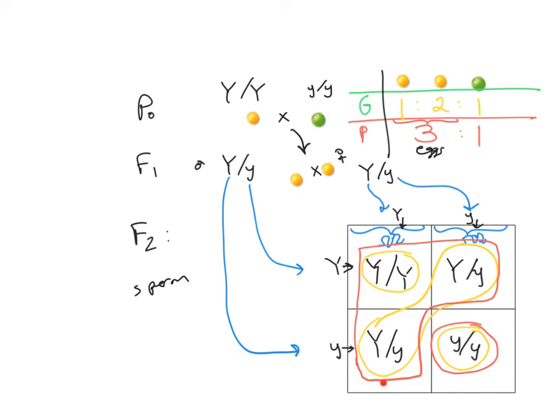So 75%, 3/4 of F2 individuals should have the F1 phenotype, and 1/4 should have the parental phenotype. And it's really interesting to geneticists when this Mendelian segregation or inheritance pattern doesn't happen.